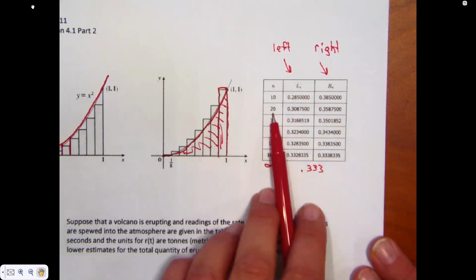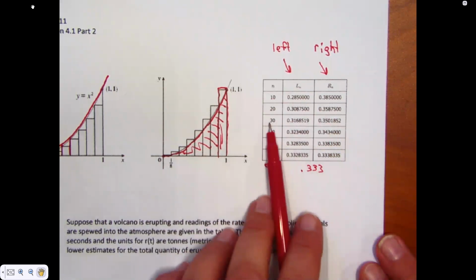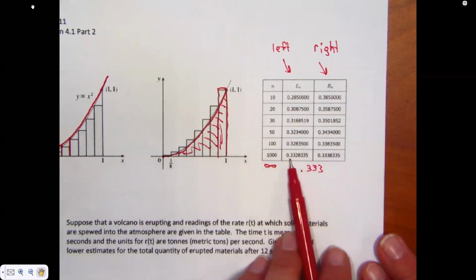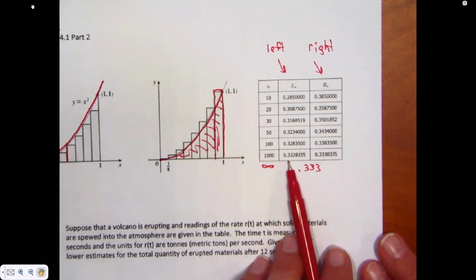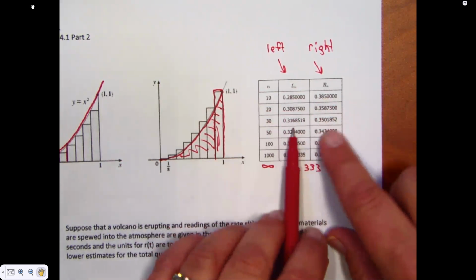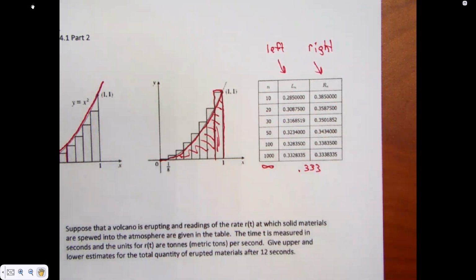And then 20 rectangles from the left and from the right. Okay, 30 rectangles. And we said 1,000 rectangles, which they had it do it computer-wise, but do we see how we're getting closer and closer? These numbers should start getting closer and closer to each other, because the more rectangles you have, the more accurate.